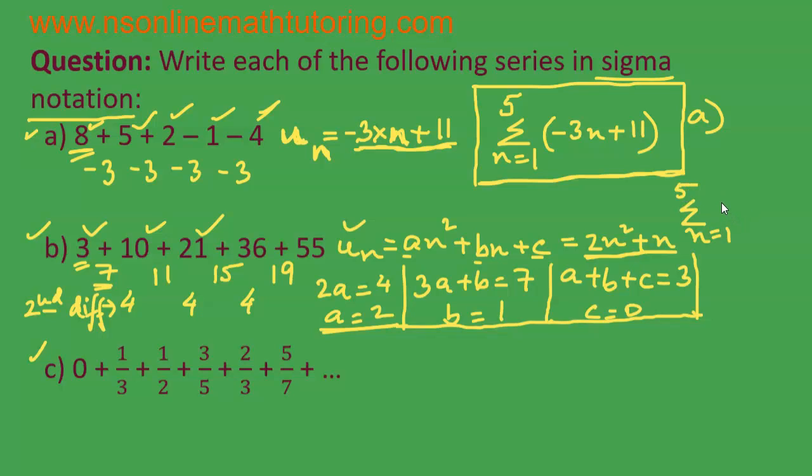And the expression is 2n squared plus n. This is the expression. So, this is the answer for subpart B.